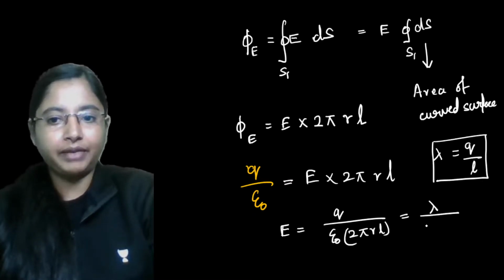So we have lambda divided by 2 pi R into epsilon naught.